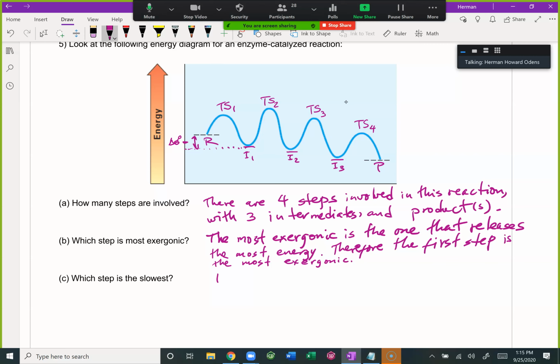The second step is the slowest since it has the highest energy transition state.